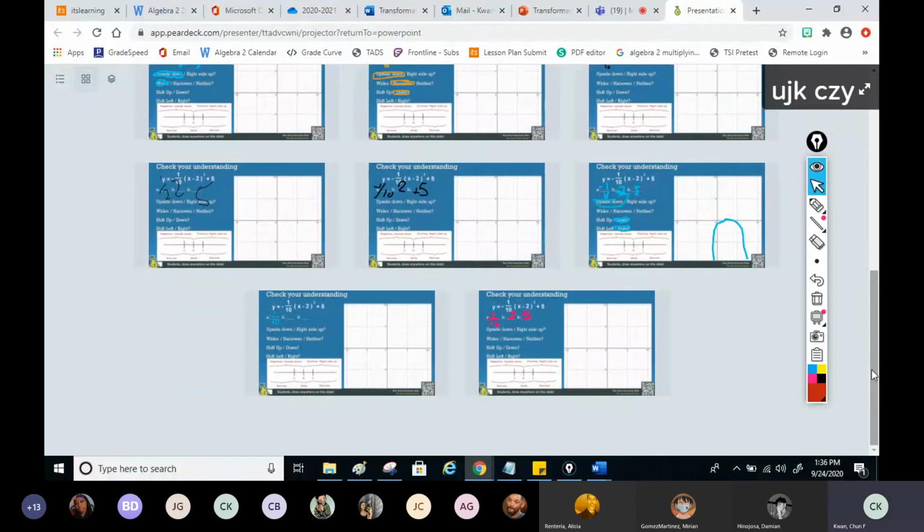This thing is shifted up, okay? There's a positive 5, so it's going to be shifted up.